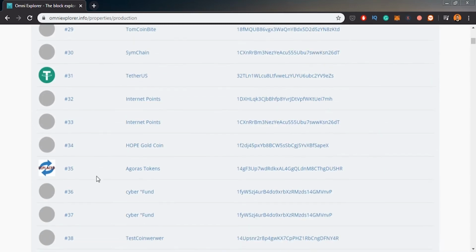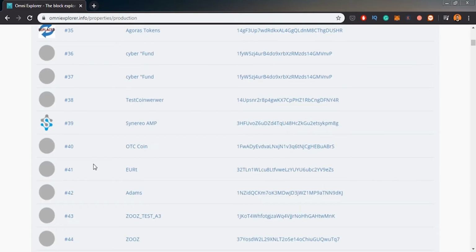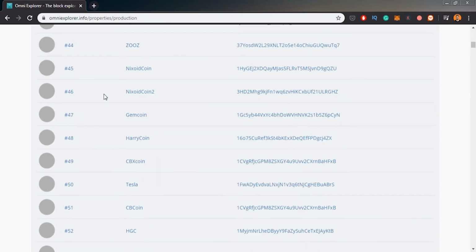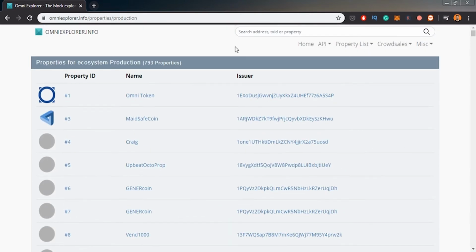There are two more that are pretty active, transacting every 100 blocks or so. One is called MaidSafeCoin, which is about 100th place on the coin market cap right now, basically some very old shitcoin, and the other one is Agoras, I think.